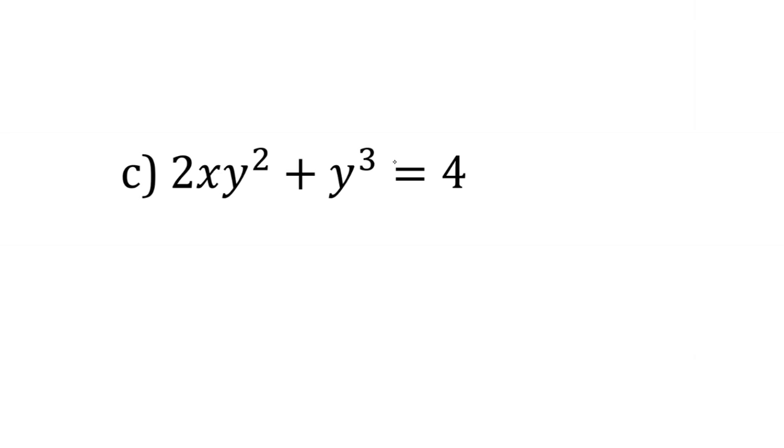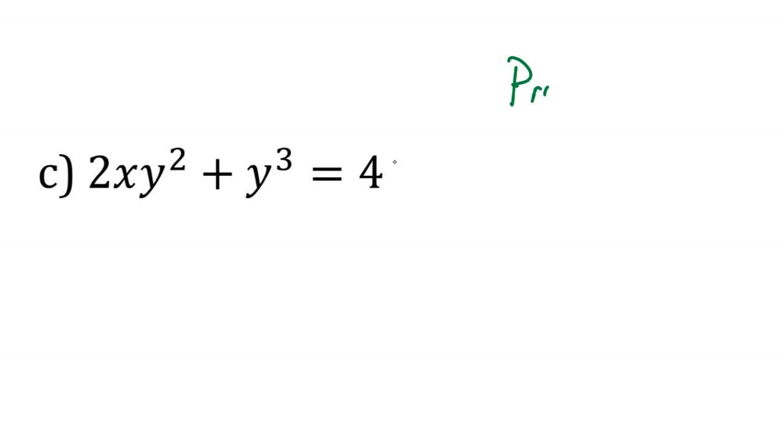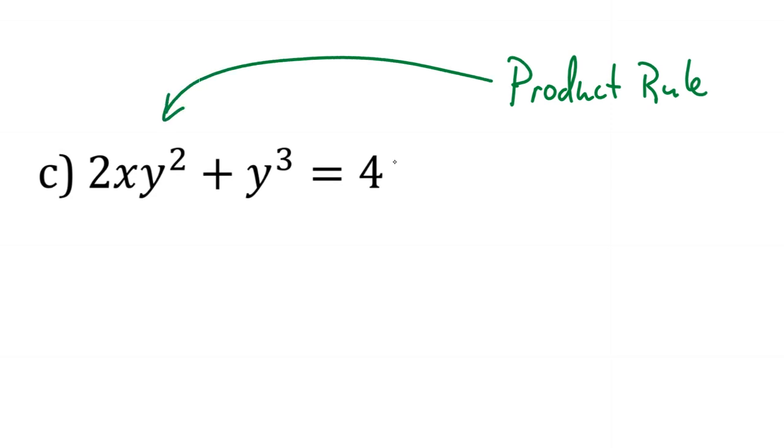So I'm going to write this down. So this is really important. Product rule. And like we did when we first started taking derivatives with the product rule, you might want to sort of write it out.